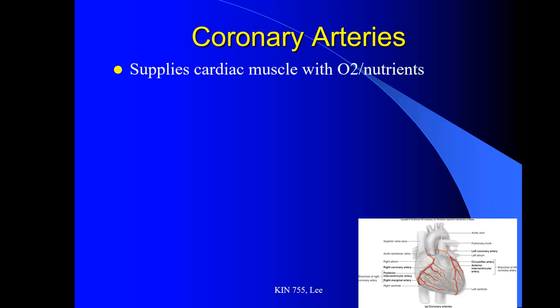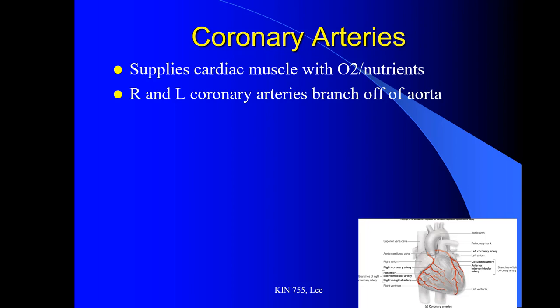It supplies the cardiac muscle with oxygen and nutrients. And we're going to go through the anatomy of the coronary arteries. The relevance of this is that when we start looking at EKGs, if there's an abnormality in any of the EKG leads, that can give us an idea of what part of the heart might be having trouble.